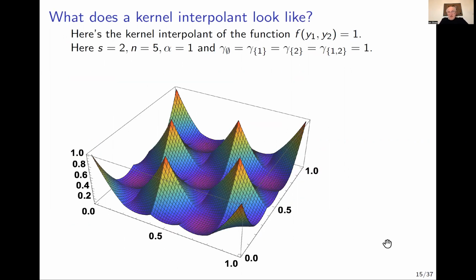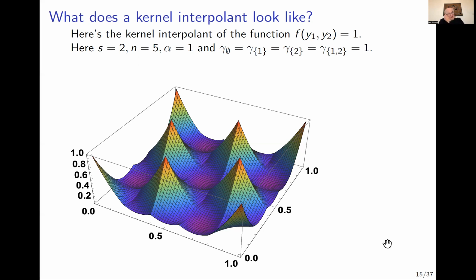So this is the B2, but Bernoulli polynomials of degree 2 are continuous, but they have a discontinuous first derivative. And so this is a kernel interpolant using just 5 points, and we'll come to what the points are in a moment. But it's a terrible approximation of the function 1, isn't it? Because it gets down to very small values.